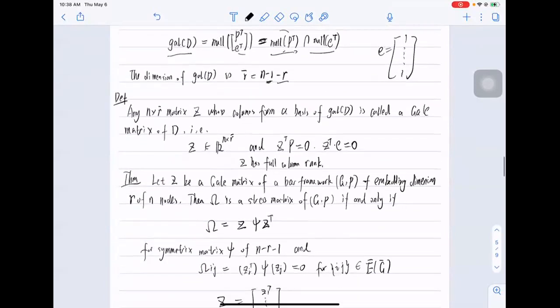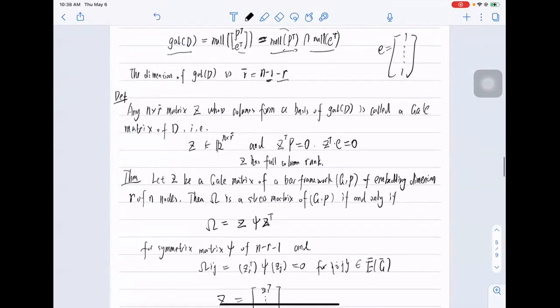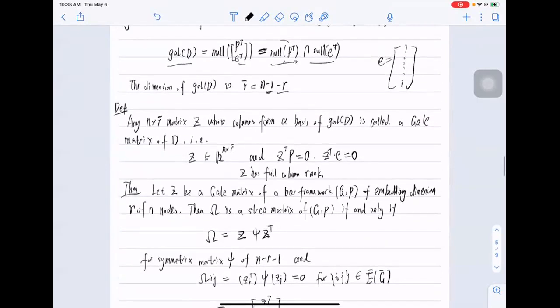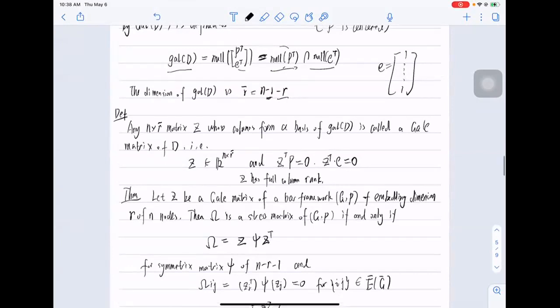So now what is the Gale matrix? The Gale matrix is an n times R bar matrix that forms the basis of the Gale space.